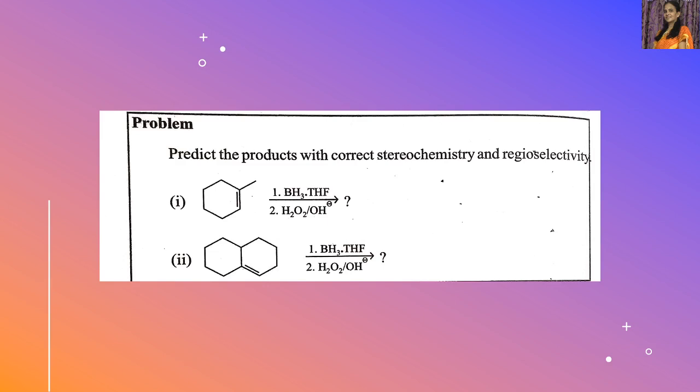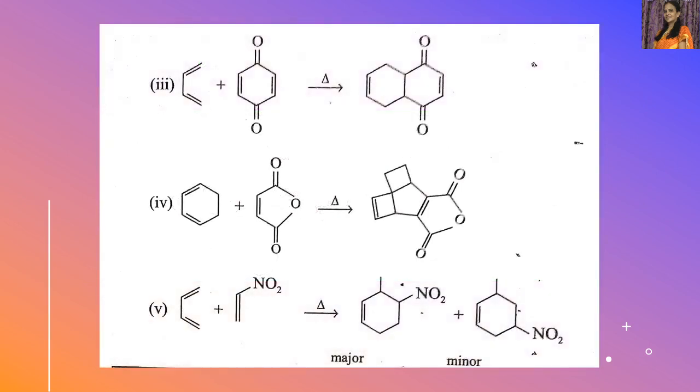These are the two substrates onto which hydroboration takes place. So the final product obtained is the alcohol that we should predict here. Okay. And these are some other reactions of the Diels-Alder reaction, some other simple examples of the Diels-Alder reaction.